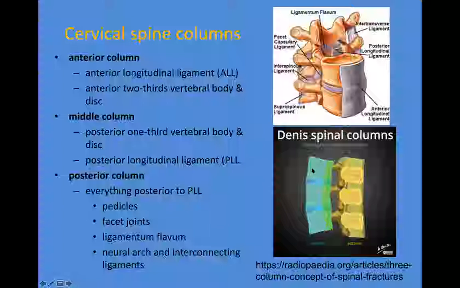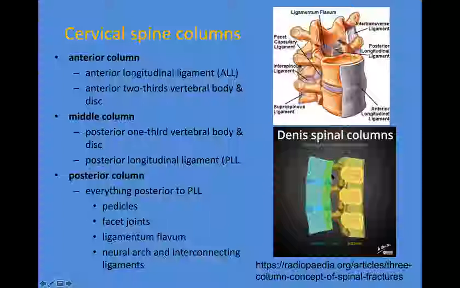The anterior column does not include the full vertebral body, but only the anterior two-thirds and the anterior longitudinal ligament. The middle column includes, kind of randomly, the posterior third of the vertebral body and just the posterior longitudinal ligament. So the middle column is really small.